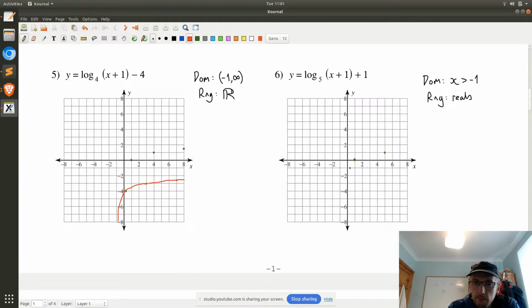Okay, so 1 to the left and 1 up. 1 to the left and 1 up. Something like that. Check these two now. That's correct. And that one's correct. Okay, good. I like it.